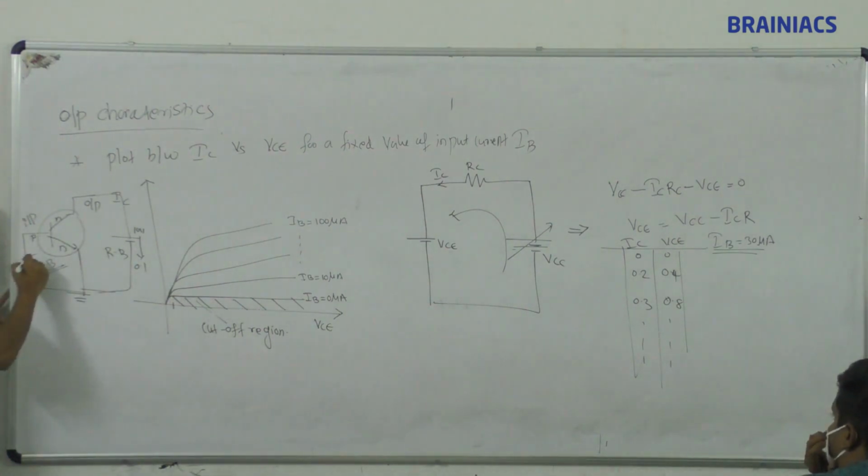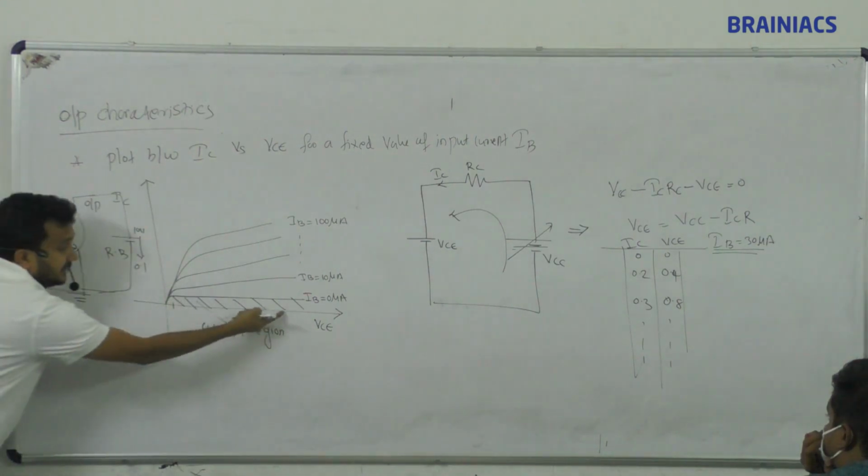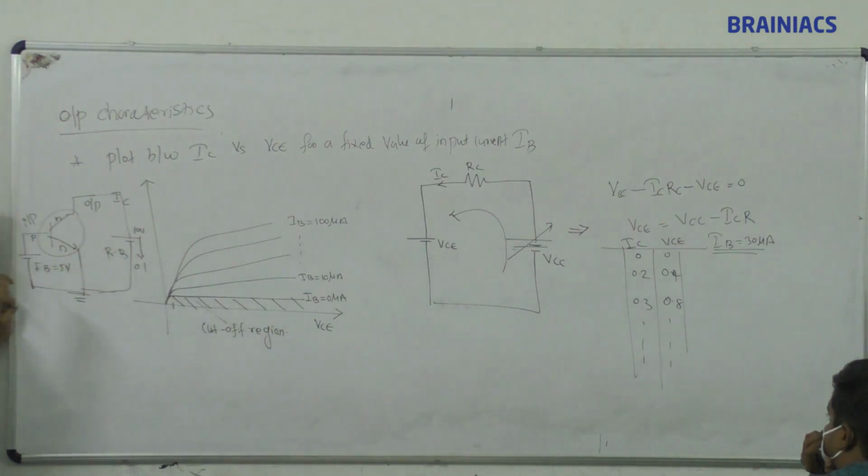Suppose here I am giving the forward bias with a 5 volt battery. As I reduce the collector emitter voltage, does reverse bias increase or decrease?